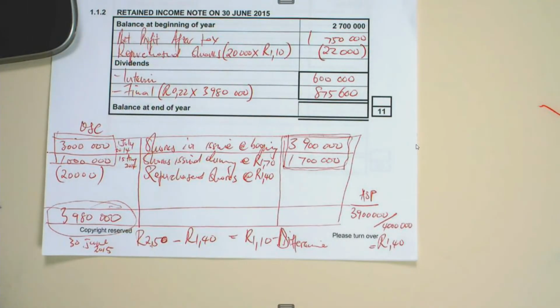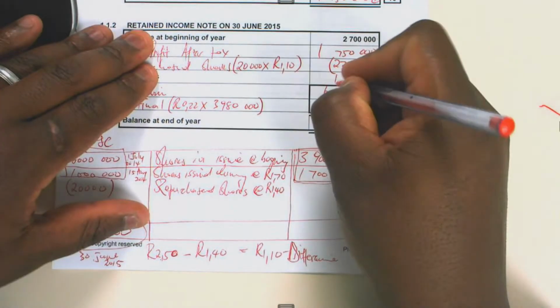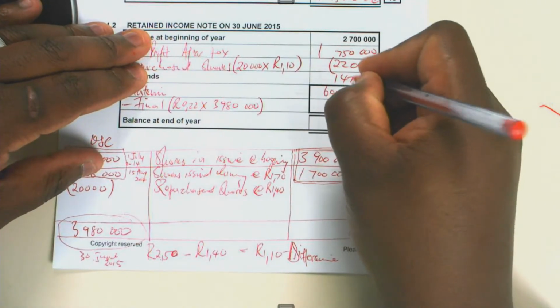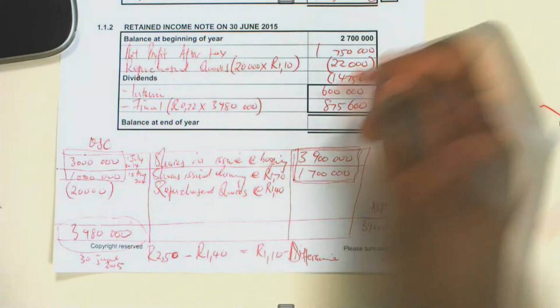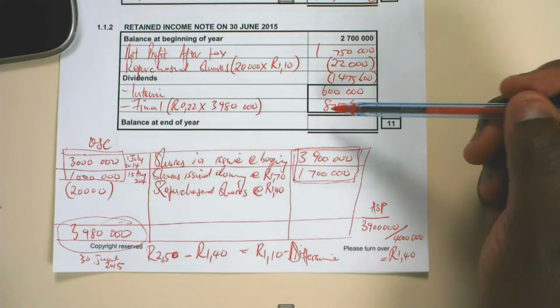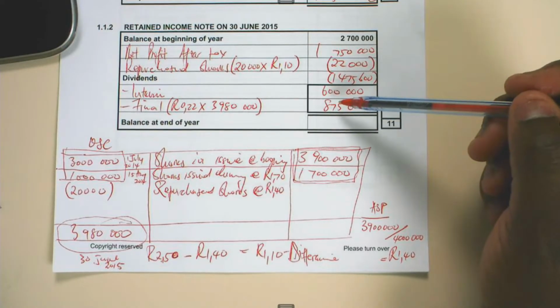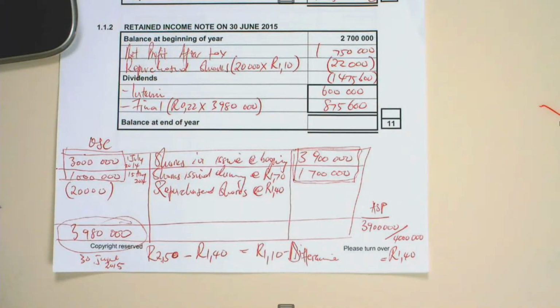Now, going back to our note number 8, we have 600,000 plus 875,600. We have our balance here, which is 1,475,600. Remember, in our note number 8, we subtract repurchased shares, we subtract dividends. Then we'll have our balance at the end for our retained income.